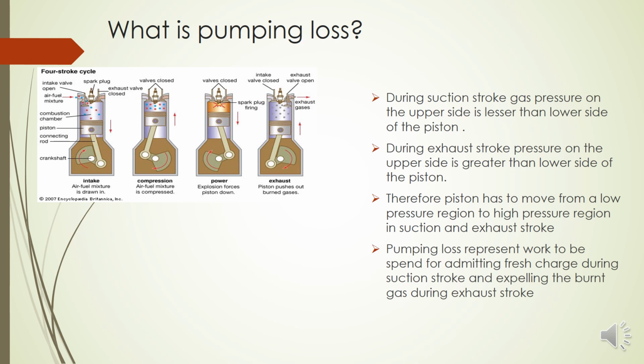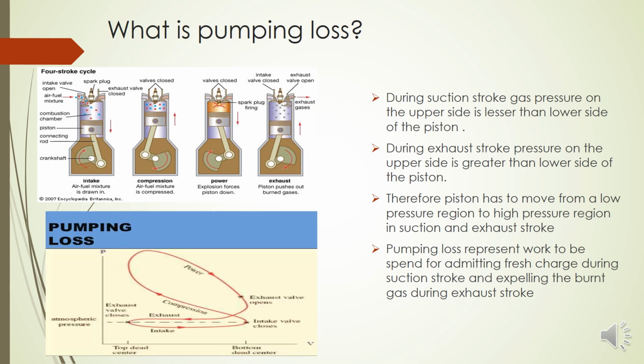So this power we are giving is known as the pumping loss. That means the pumping loss represents the work spent for admitting the fresh charge during the suction stroke and expelling the burned gas during the exhaust stroke.